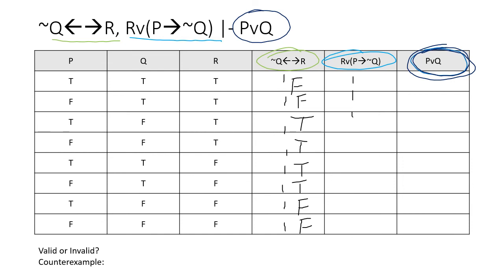We have three different operators. We're going to have to do the tilde first because it's just functioning over the Q. So we'll just take these values of Q and flip them over.